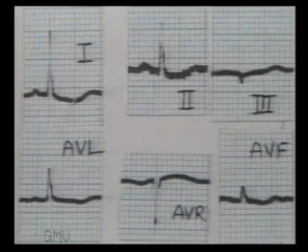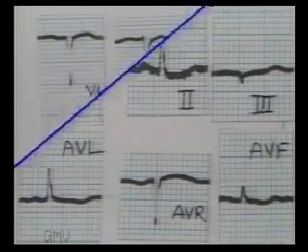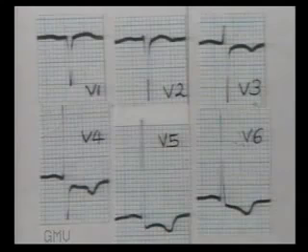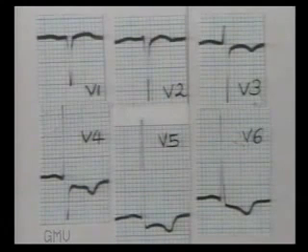Now observe the chest leads. The QRS amplitude is increased. The pattern from negative QRS in V1 to positive QRS in V6 is maintained. So measure SV2, it is 14 mm, RV5, it is 22 mm, and their total is 36 mm.